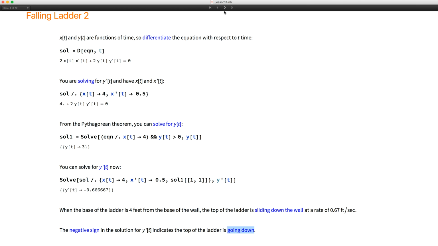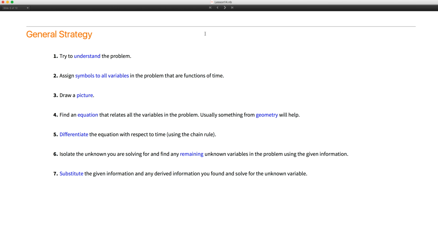Having solved that one problem, let's set up a general strategy for solving such problems. First, always try to understand the problem. Make sure you know what you're asked to do. Next, assign symbols to all variables x, y, etc. in the problem. To help yourself understand the problem better, draw a picture.